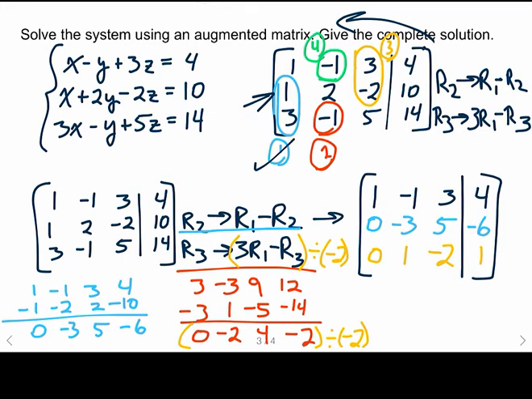Now what I want is a 0 in the middle of the bottom row. And here's where, if we're not careful, we can end up taking steps backwards. We worked really hard to get the 0 in the first entry of the last row. If I used the first row, the negative 1 from the first row and the 1 from the third row would add together and give me a 0.